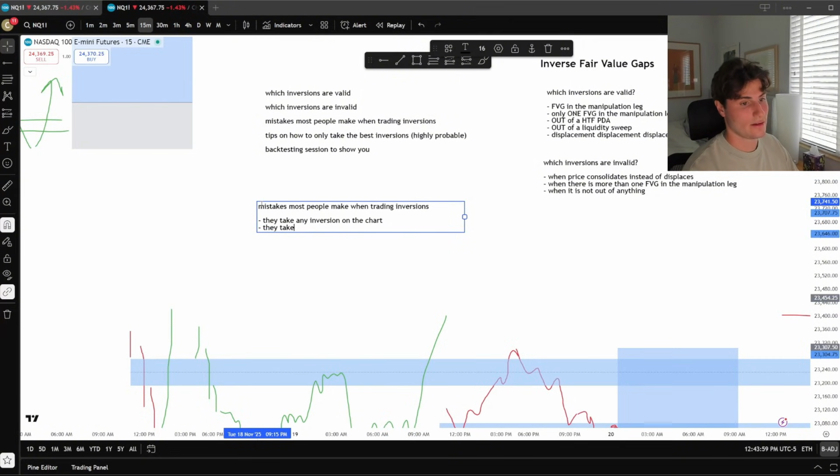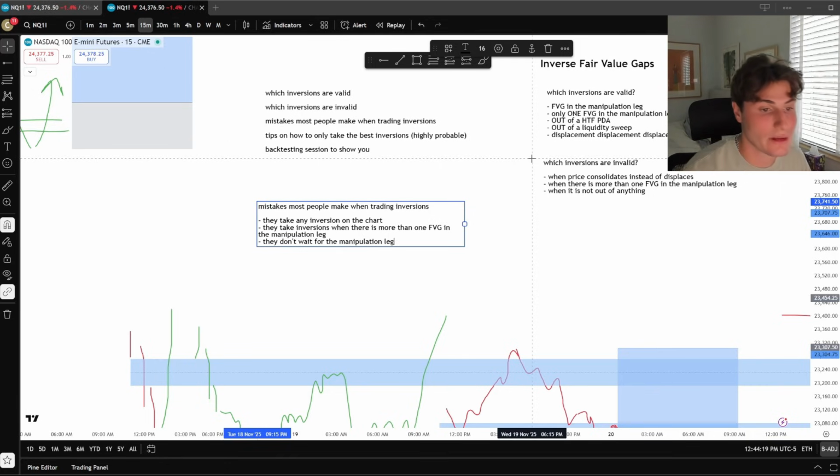They take inversions when there is more than one fair value gap in the manipulation leg. They don't wait for the manipulation leg.